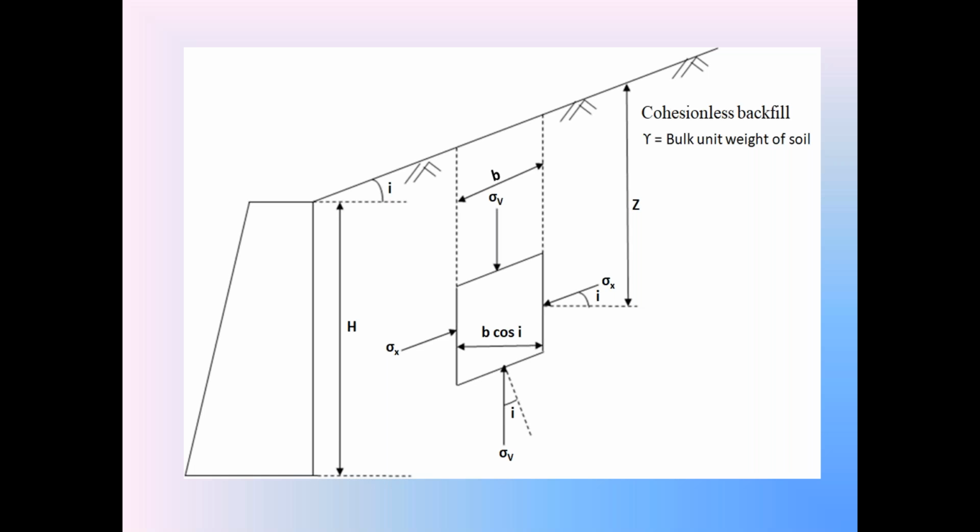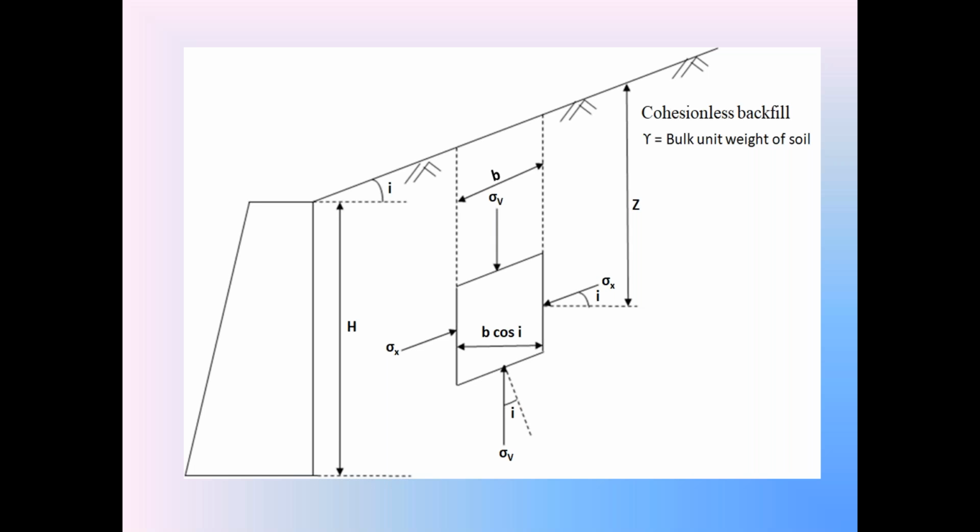Sigma x and sigma v are the conjugate stresses only, because sigma v is not perpendicular to the top and bottom surfaces but is parallel to the vertical sides, and sigma x is not perpendicular to the vertical sides but is parallel to the top and bottom surfaces of the element. So they are called the conjugate stresses.